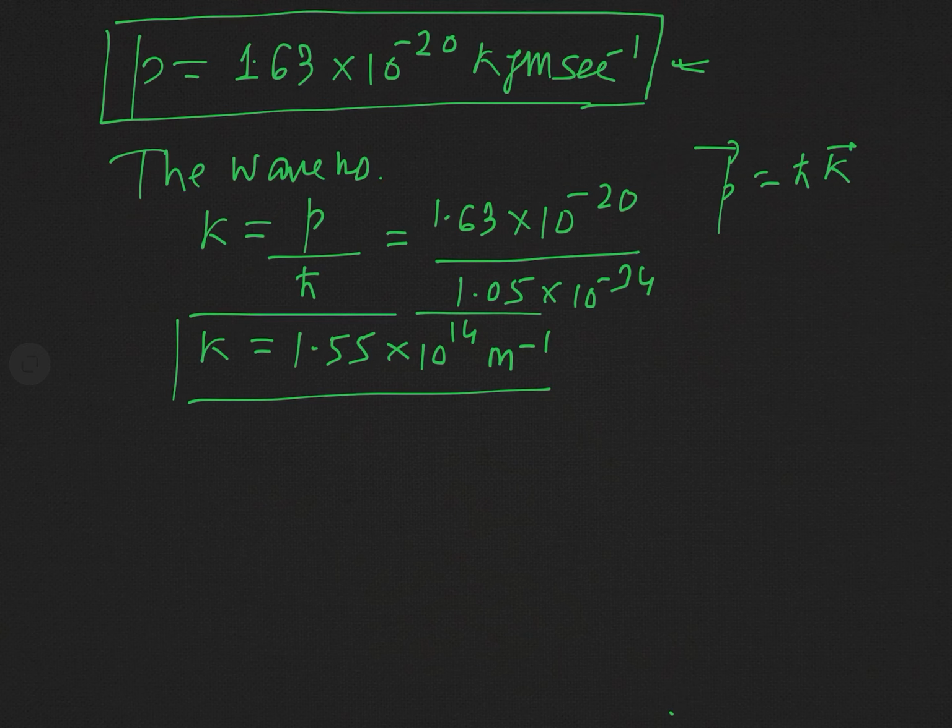So taking this example, a neutron of energy 1 mega electron volt in the L system, we have calculated that the wave number associated with the neutron is 1.55 into 10 to the power 14 meter inverse.